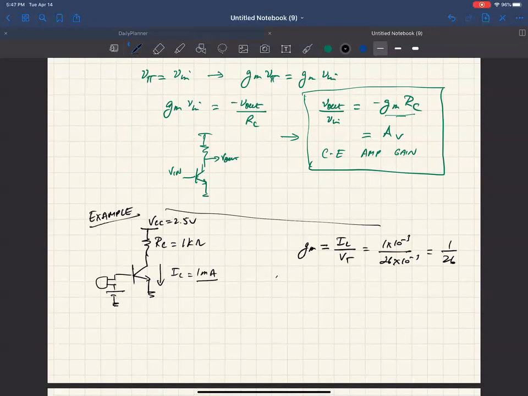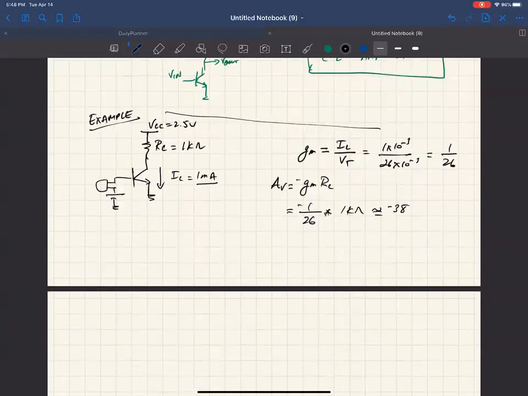And the gain is minus GM RC, so that's 1 over 26 times 1 kΩ. Let me do a quick calculation here. So that's about a gain of minus 38. We calculated that as the gain under these circumstances.